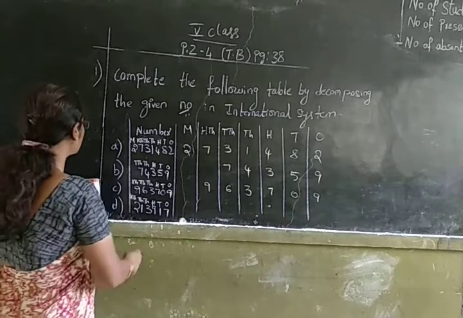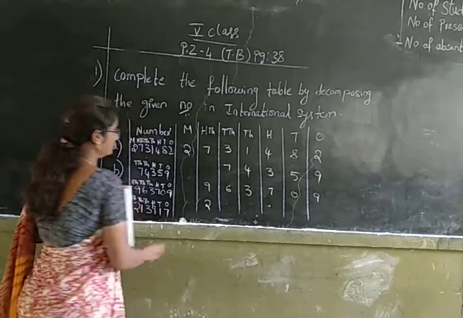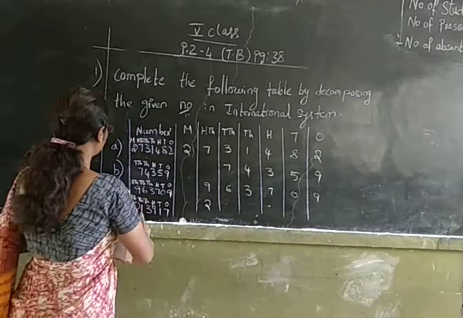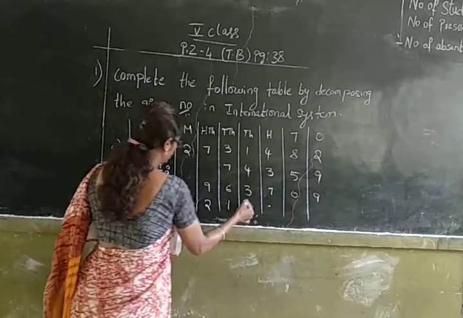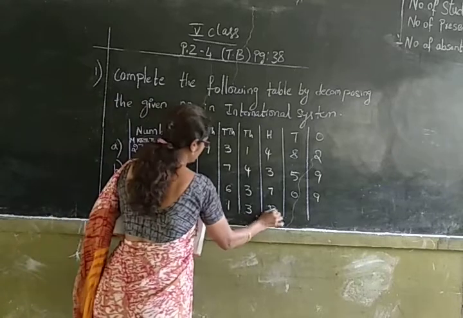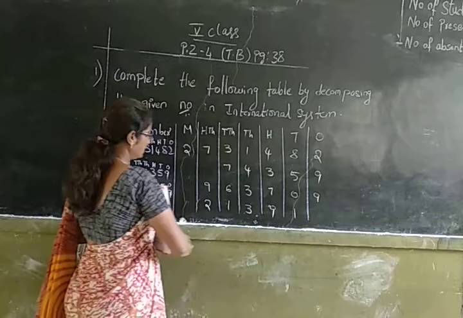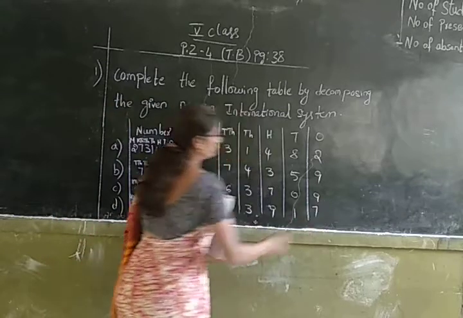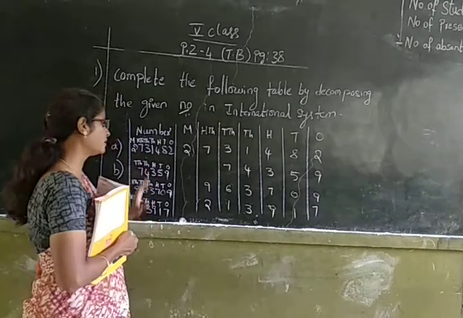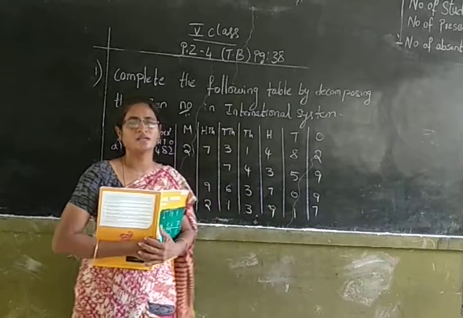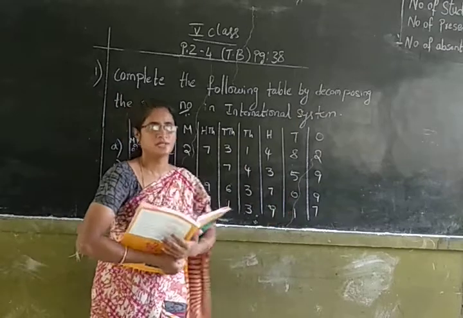Now let us decompose this number. 2 is in 100,000s place. 1 is in 10,000s place. 3 is in thousands place. 9 is in hundreds place. 1 is in tens place. And 7 is in ones place. Did you understand, children? Decompose means to break down the large numbers according to their places.